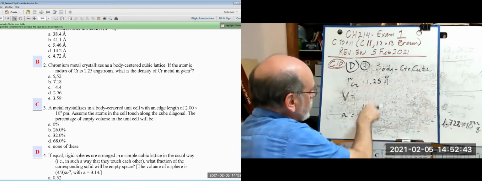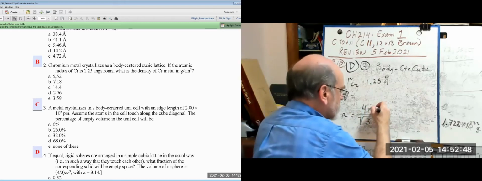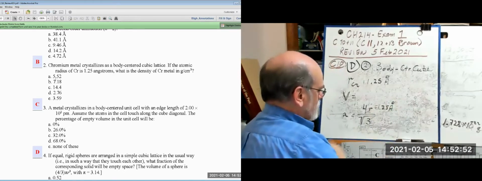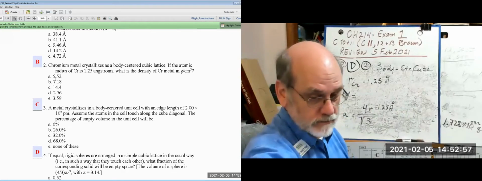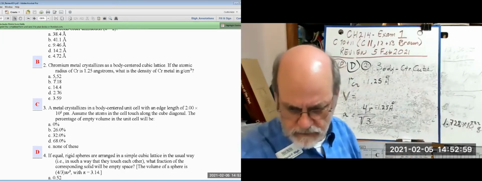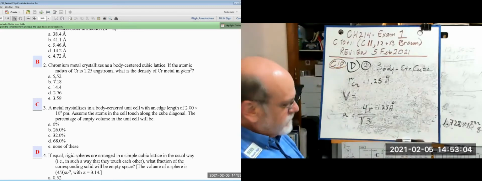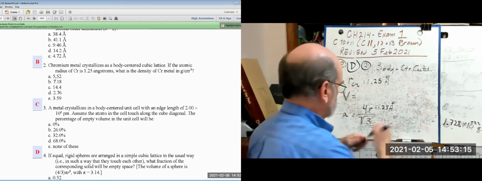So the radius then we know is 1.25 angstroms. Right? So if we substitute 1.25 angstroms, we should get the edge of that cube. So 1.25 times 4 divided by the square root of 3 is 2.887 angstroms.